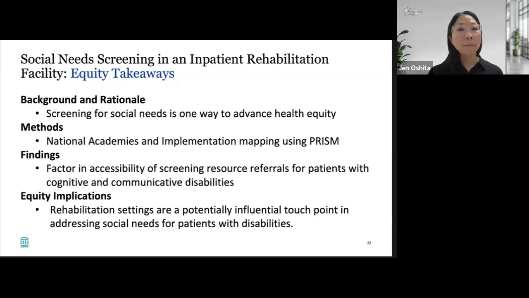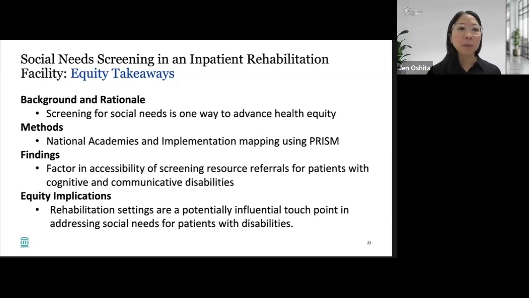And then in our methods, we use the National Academy's 5 A's framework, as well as implementation mapping, which is a bottom-up method to co-design strategies to solve an implementation problem rather than a top-down.